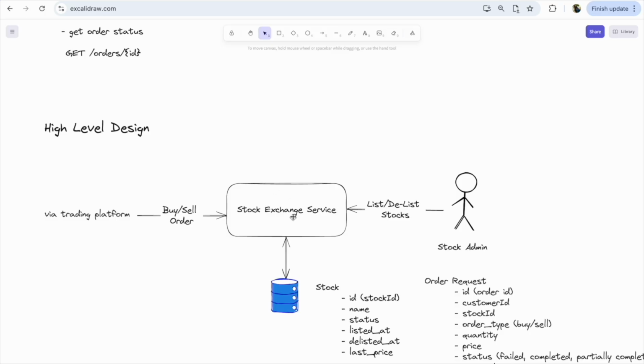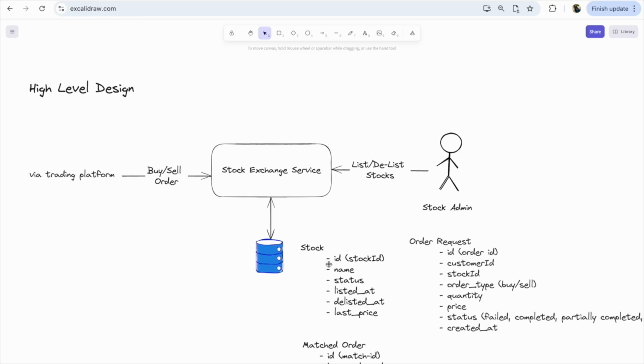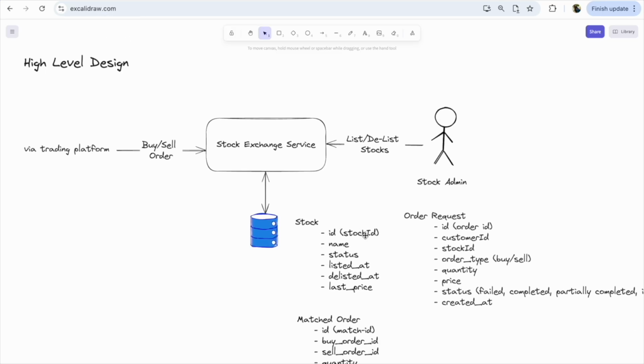We'll try to break this into pieces, but the stock exchange service will first store the stock details in the database. So we have these stock tables here. It will have the stock ID, the name of the stock, the status, listed at timestamp, and if it is delisted, the timestamp of the delisting, and the last price we can store for the stock.